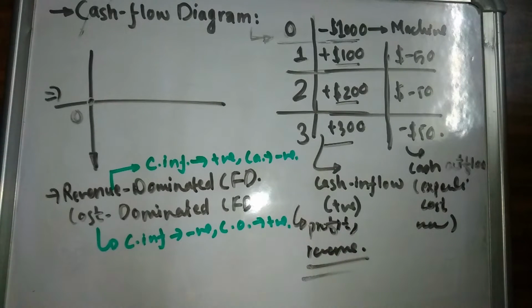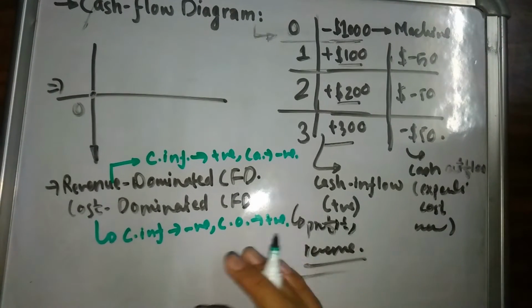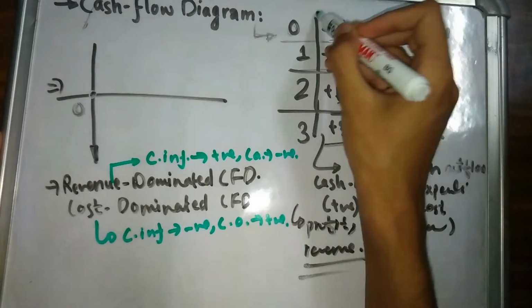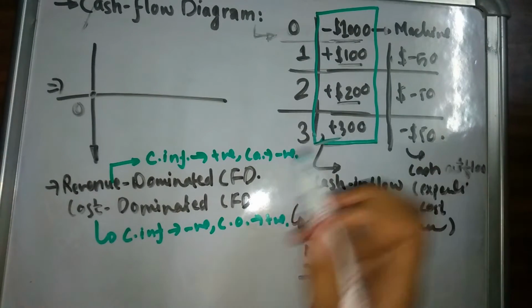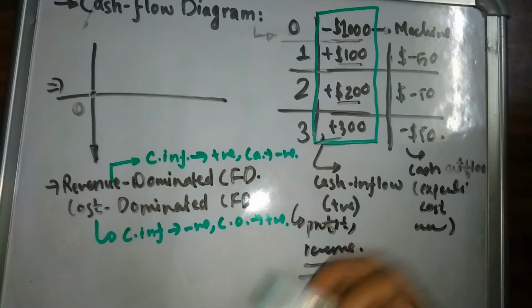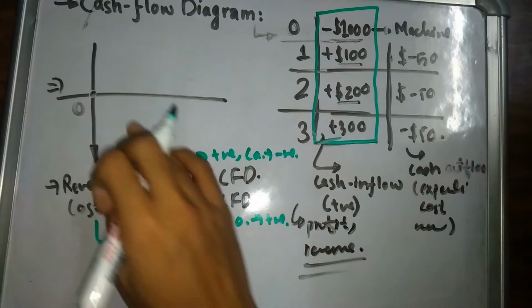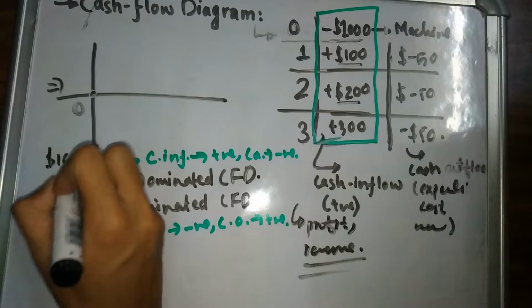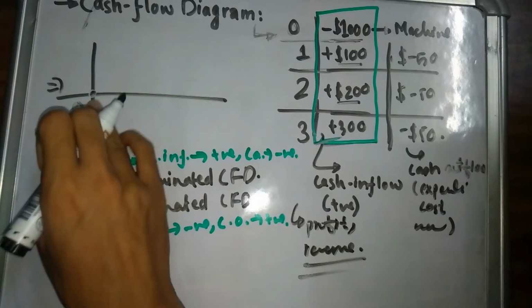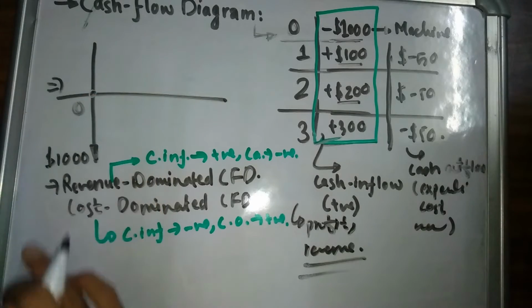So let me explain why this is taken as positive and as negative in this example. Just look at this part. Firstly we are focusing on the revenue our machine is generating, so the diagram we will be drawing is a revenue dominated cash flow diagram. Suppose at time t equals to 0, we have spent $1,000 to buy a certain machine. So this is going to be my cash outflow, and I denote my cash outflow in the downward direction.